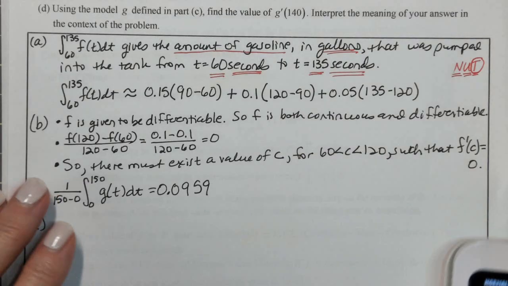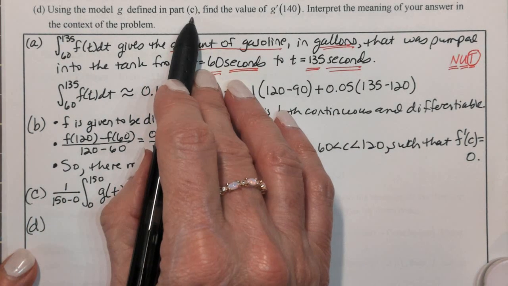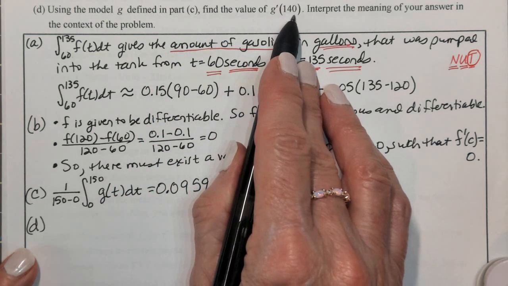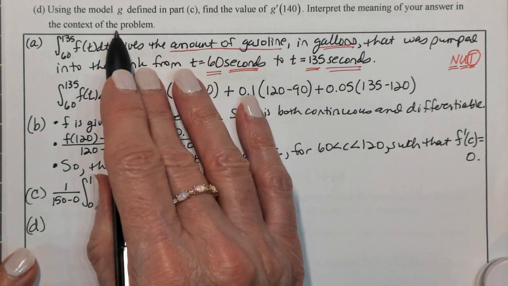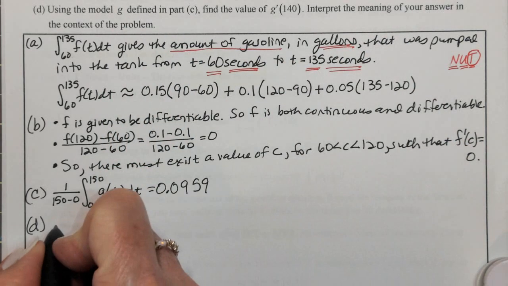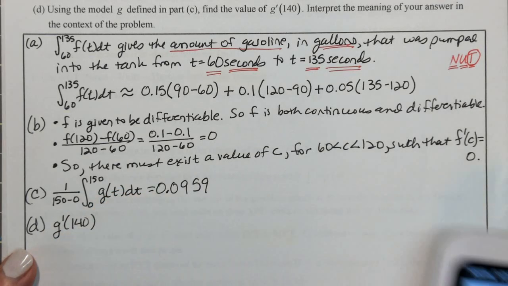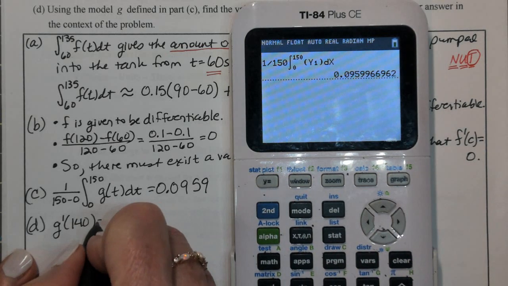Okay, part D. Using the model G defined in part C, that's our Y1, find the value of G prime of 140, and then interpret the meaning of your answer in the context of the problem. So G prime of 140. G is in my Y1. I'm certainly not going to do that by hand.